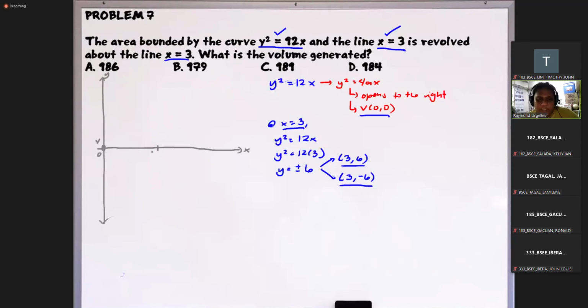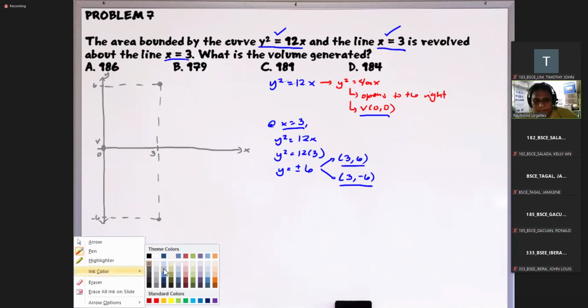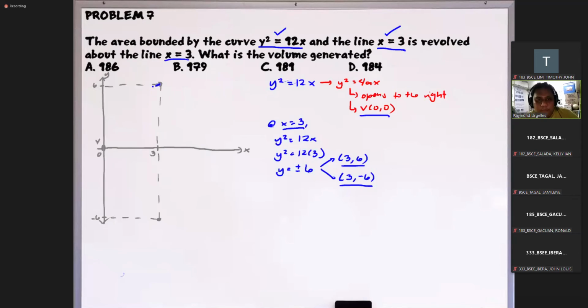Let's say this is positive 3, this is positive 6, and this is negative 6, with a point here and a point here. Therefore, this is our parabola.